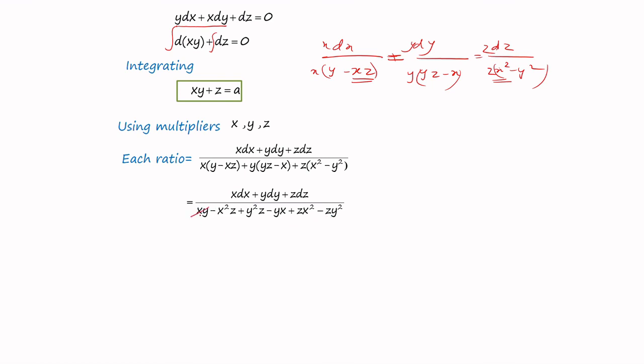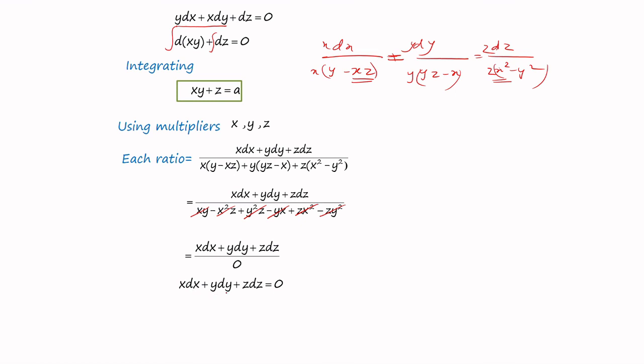So here xy minus xy get cancelled, minus x squared z plus x squared z get cancelled, plus y squared z minus y squared z get cancelled. So you get the denominator to be 0. x dx plus y dy plus z dz by 0, and each ratio will be equated to 0. That's why 0 is taken here and it becomes 0.